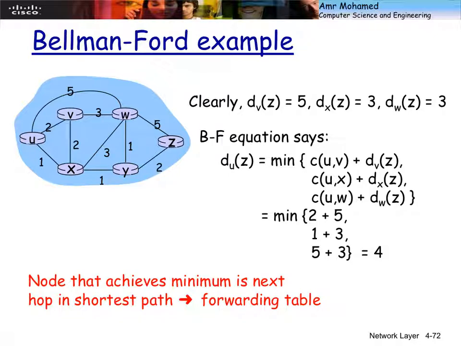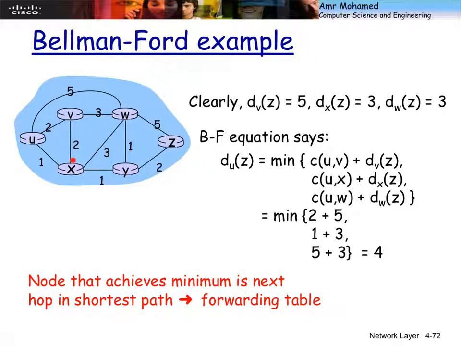So initially, we will accept the assumption that d_v(z) can be calculated. From V to Z, you can go V, W, Z, which is 8, and that's of course not the minimum, but you can go V, X, Y, Z, which is 5. Okay?